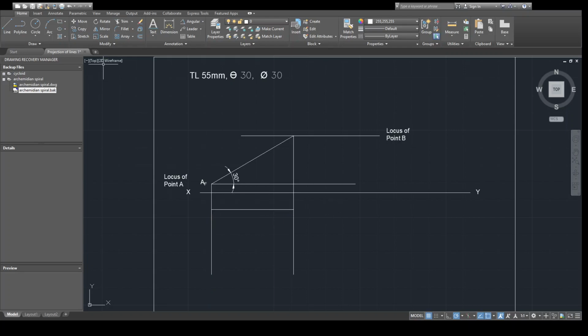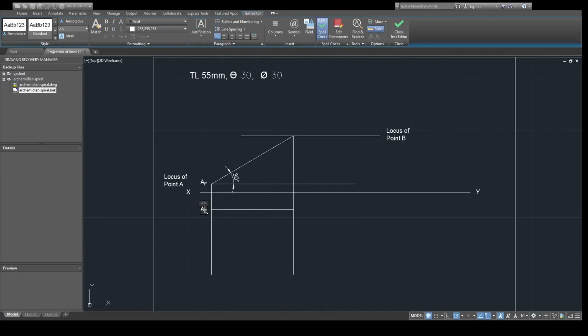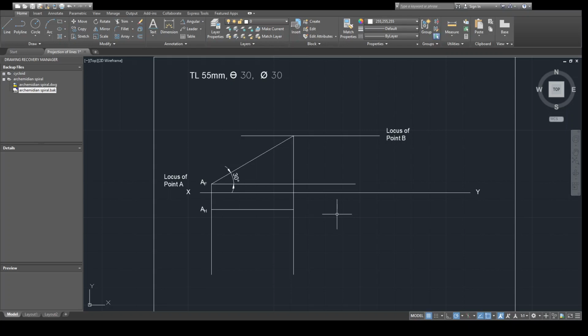I will copy this point AF to here and name this point AH. So AH, BH is the notation for top view, and AF, BF is the notation for front view. So we have located points AF and AH. We have drawn the line, true length of 55 mm. I will indicate the true length also.